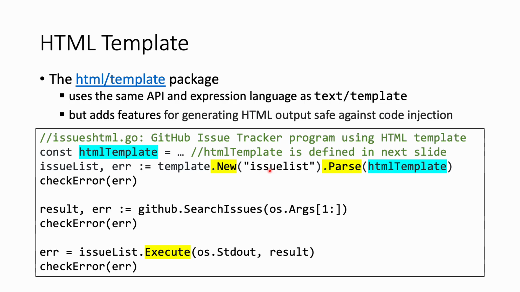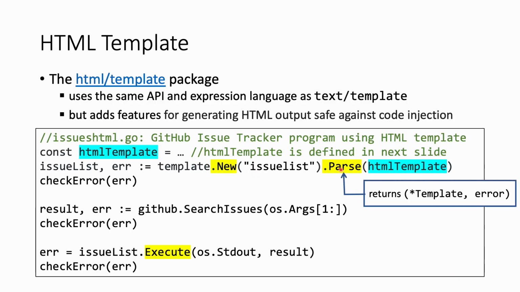Note that the function names new and parse used in this program are the same as those in the text/template package, but they are defined in the HTML/template package. Like function parse in the text/template package, the function parse in HTML/template package returns a pointer to a template object and an error object.